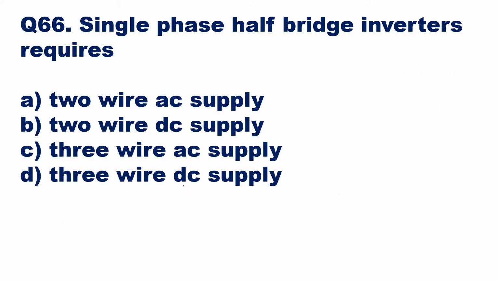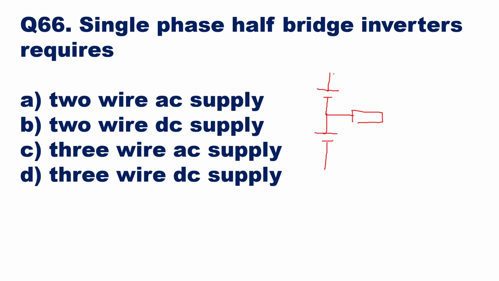Single phase half bridge inverter requires: 2 wire AC supply, 2 wire DC supply, 3 wire AC supply, or 3 wire DC supply. So if you remember the circuit of the half bridge voltage source inverter, we had a voltage source here like this, then we had a load here, and then here we had a voltage source like this.